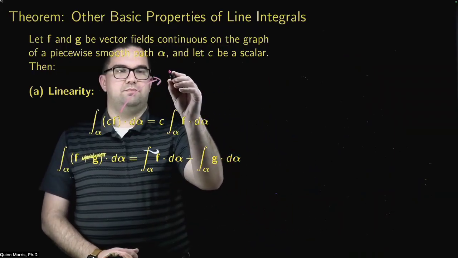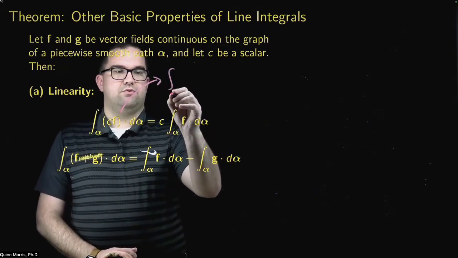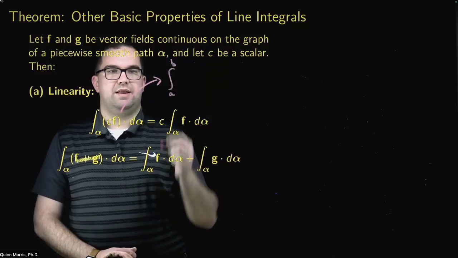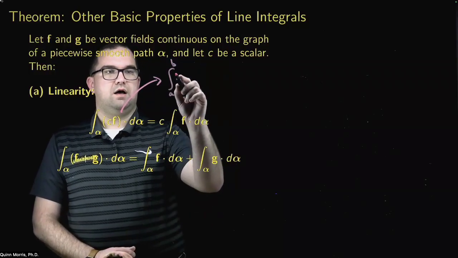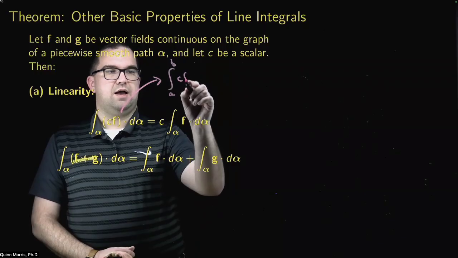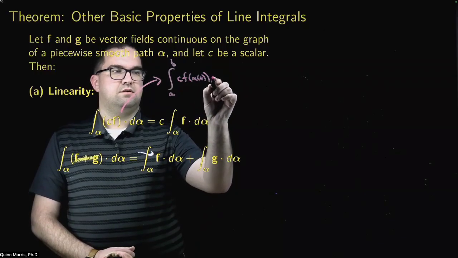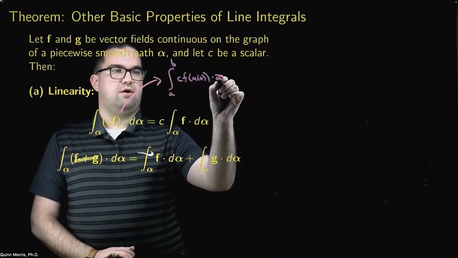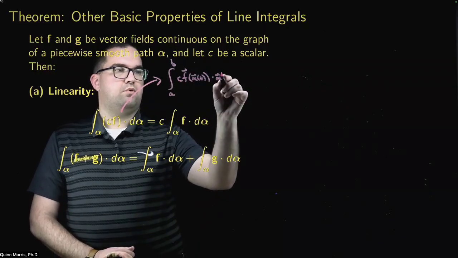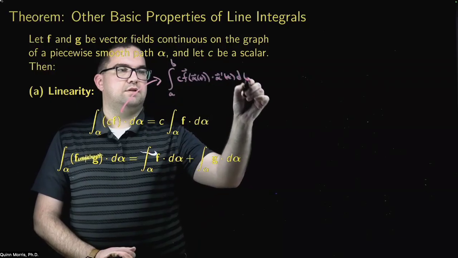By definition, this would be the integral from some point A to some point B of c times f of alpha of t dotted with alpha prime of t dt.